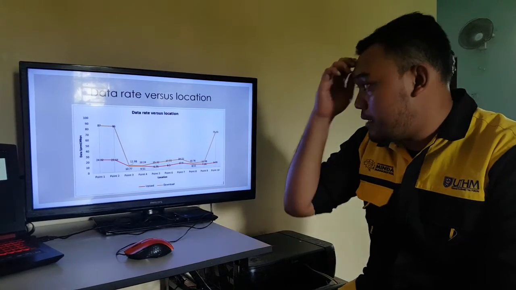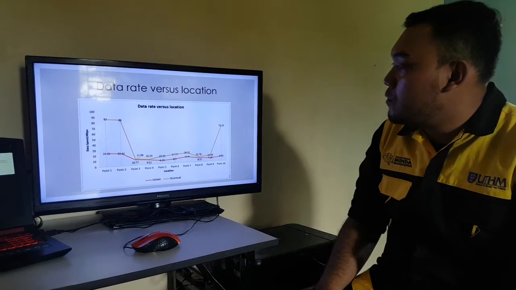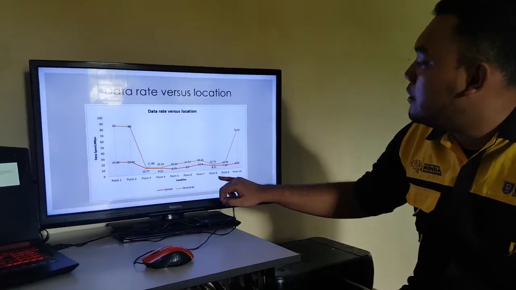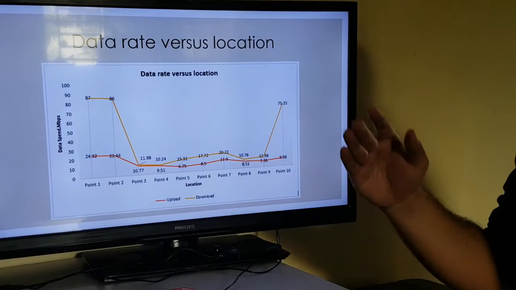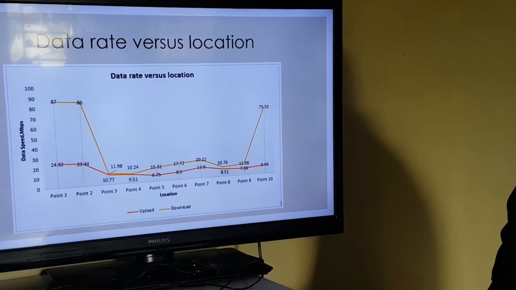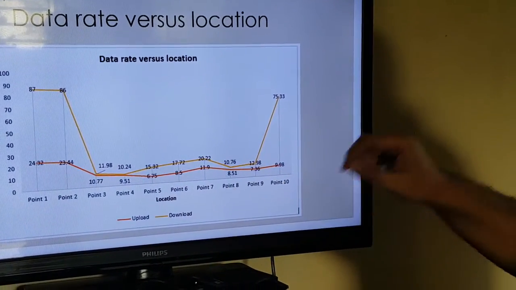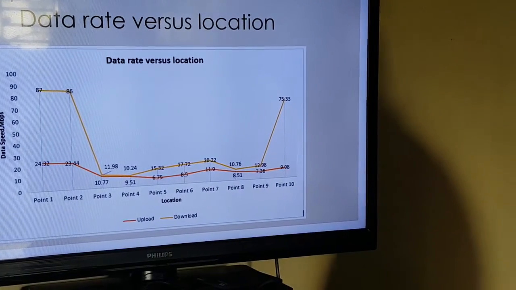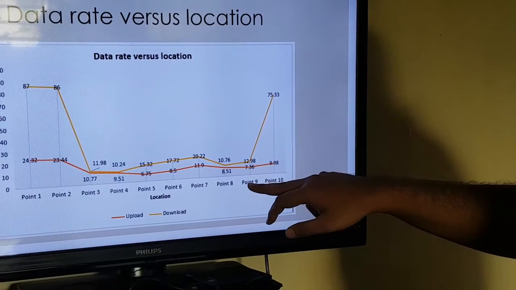So this is the data rate versus propagation. We can see that from point 3 until point 8, the download and upload speeds are quite stable. The average speed was 15 Mbps until it reached point 9.